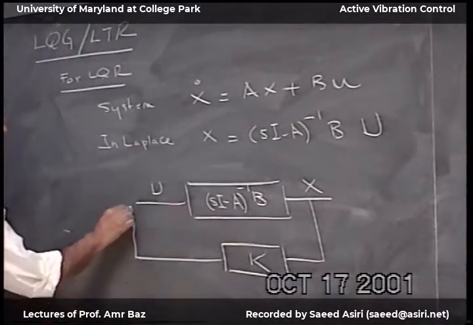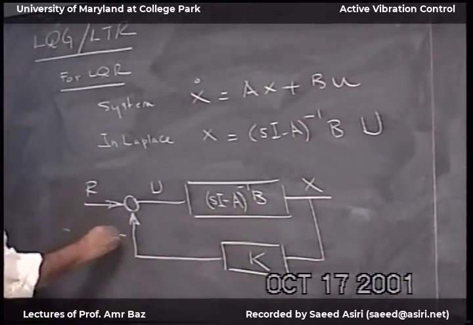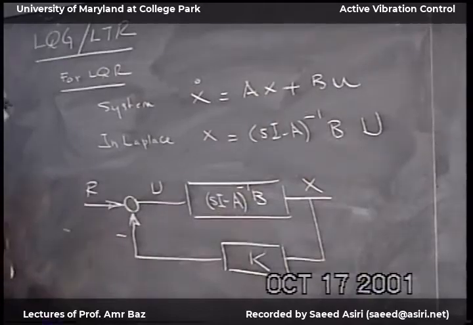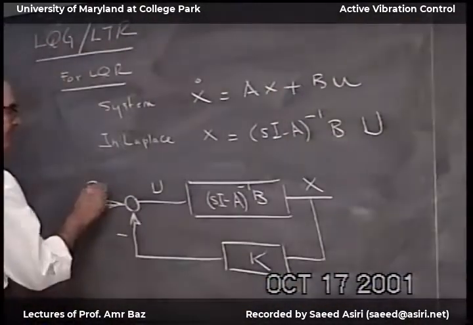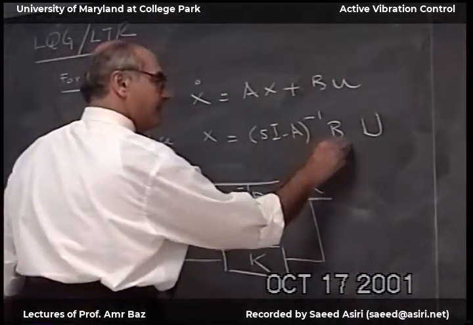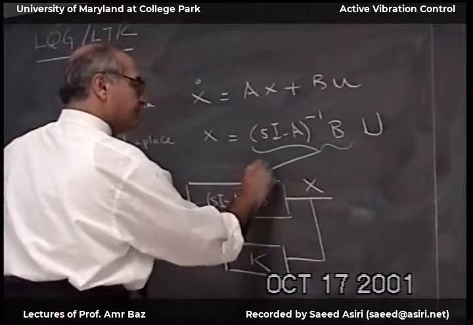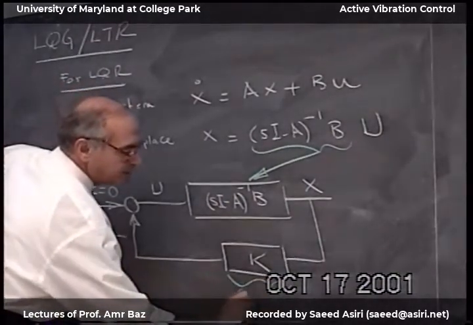It is the same story if we have reference or zero reference in case of the LQR. Then this equation gives the transfer function of the system, and this equation the controller.